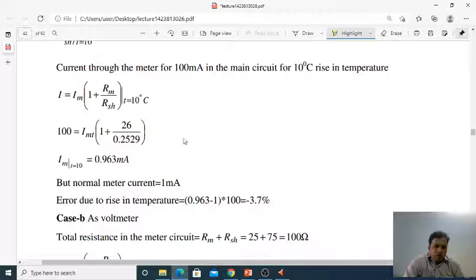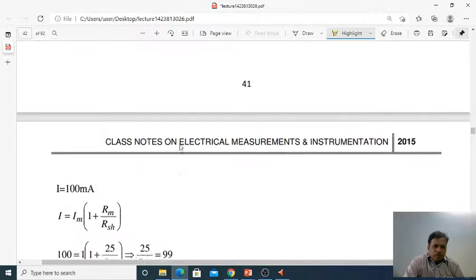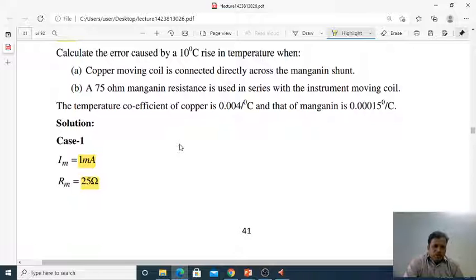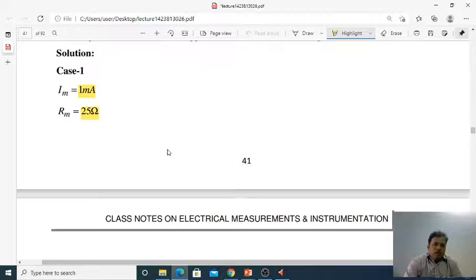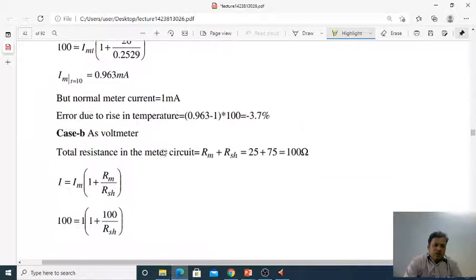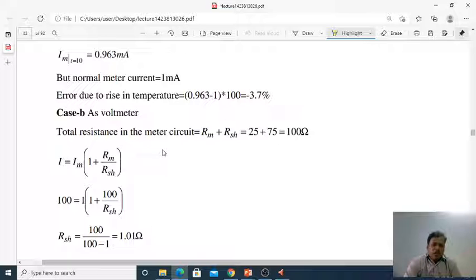Now what is case B? The question in case B is that a 75 ohm manganese resistance is used in series with the moving coil instrument. Now it is in series, so the total resistance is Rm plus Rsh equals 25 plus 75, that is 100 ohms.